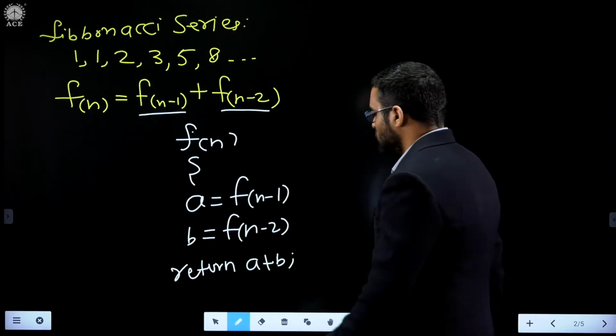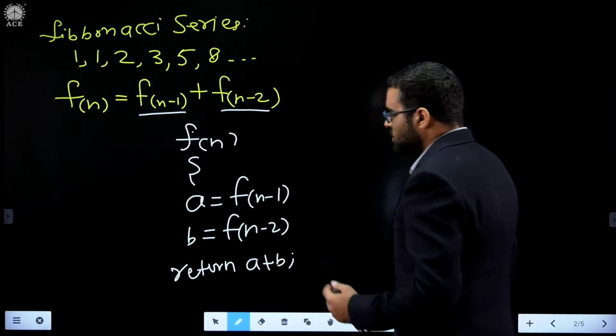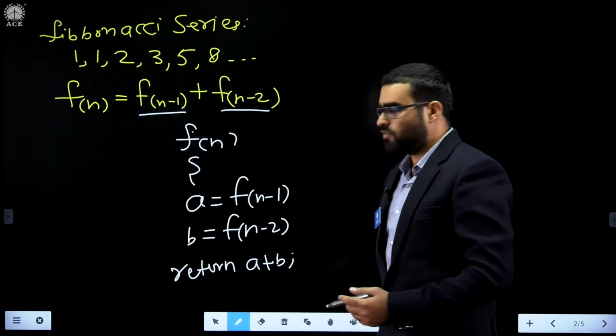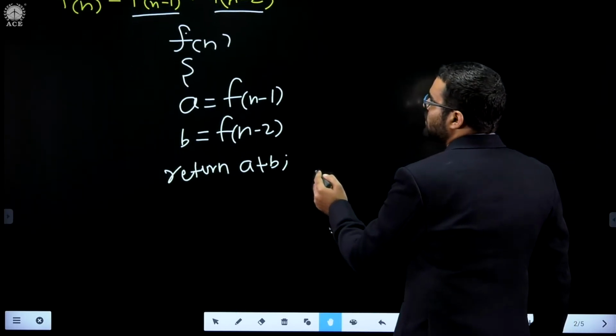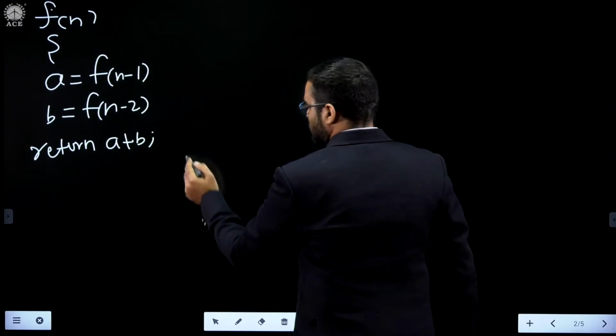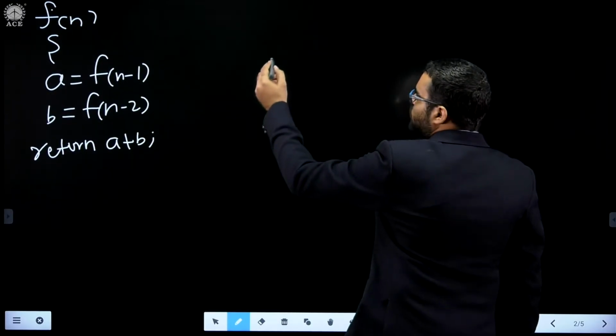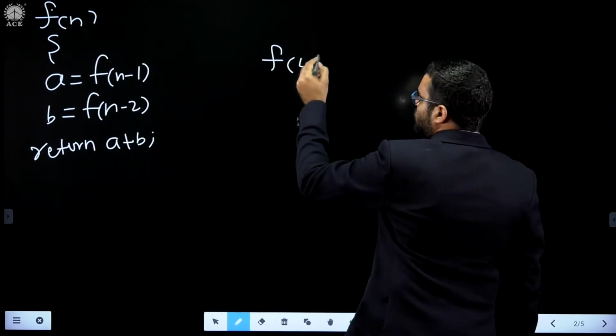Now let's solve this. What will be the activation tree that we will get for this Fn? So this is our Fn. Now let's compute F4.